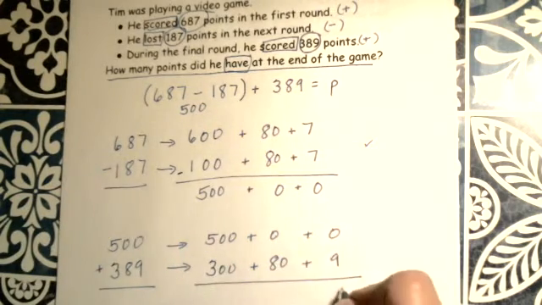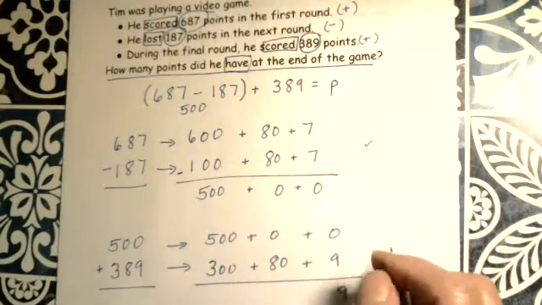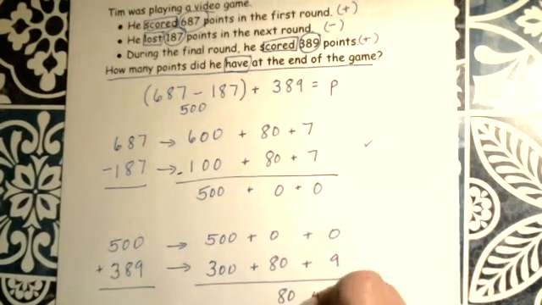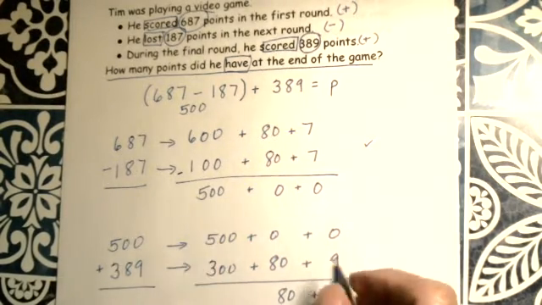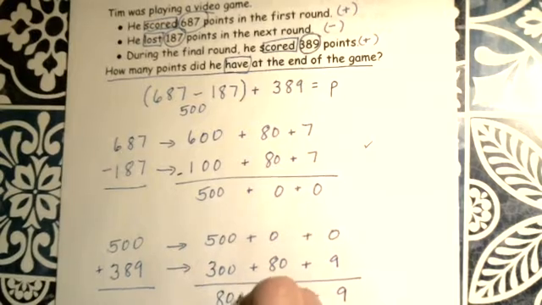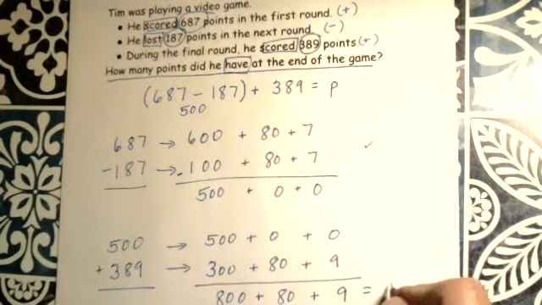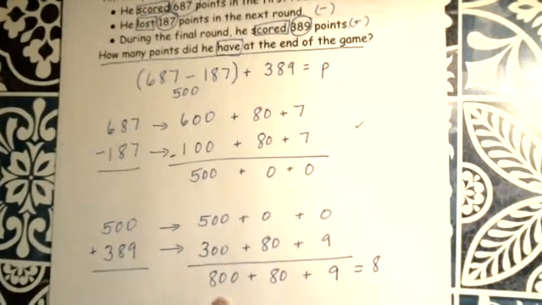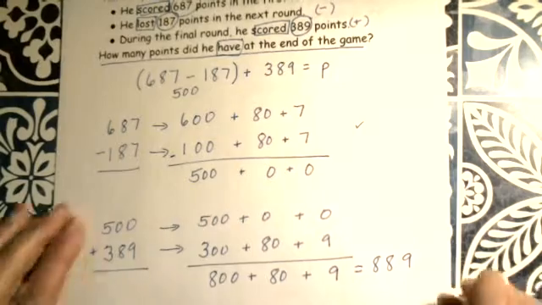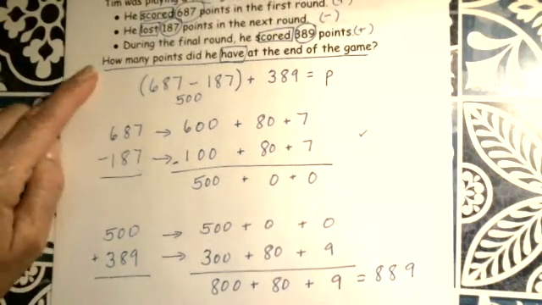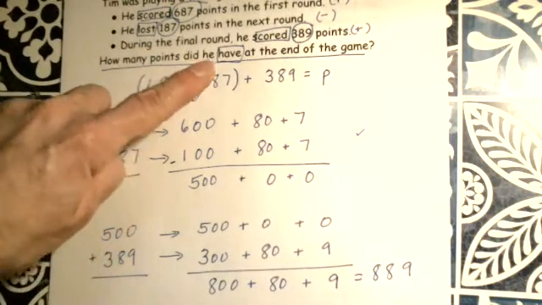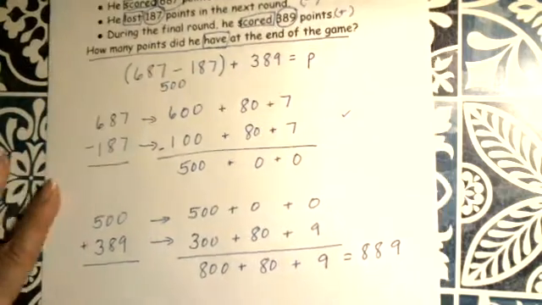So 9 plus 0 is 9. 80 plus 0 is 80. 500 plus 300 is 800. 800 plus 80 plus 9. 8 in the hundreds place, 8 in the tens place, and 9 in the ones. So I'm going to go back to the question, how many points did he have at the end of the game?